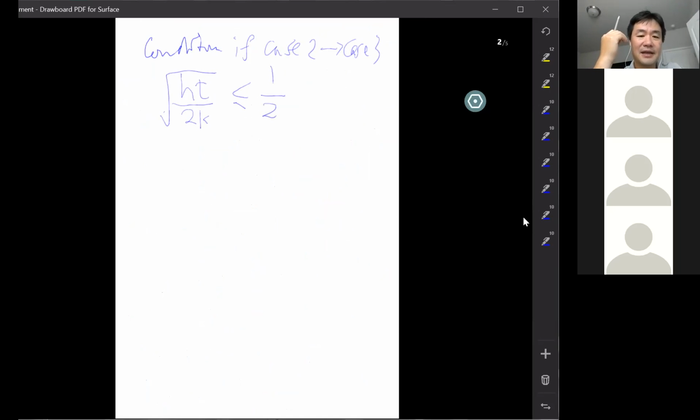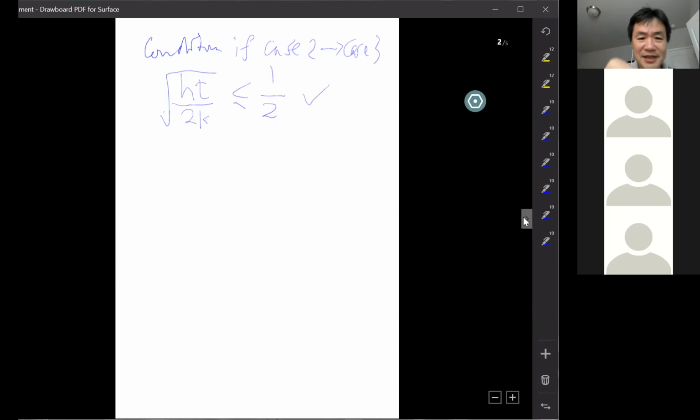Basically, it's the convection on the tip relative to the heat transfer rate of the entire fin. If it's smaller than a certain value, then we can safely consider it case 3. Although it looks like it's still not insulated at the end, if the heat transfer through the tip is really small, then you can neglect it and treat it as case 3. So this is the condition you need to check.